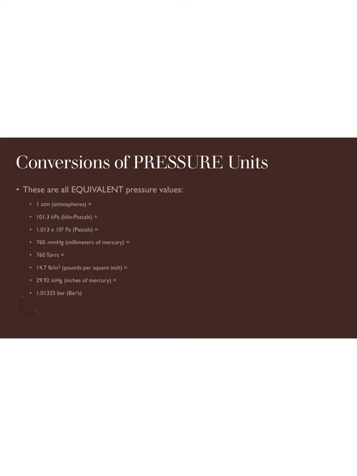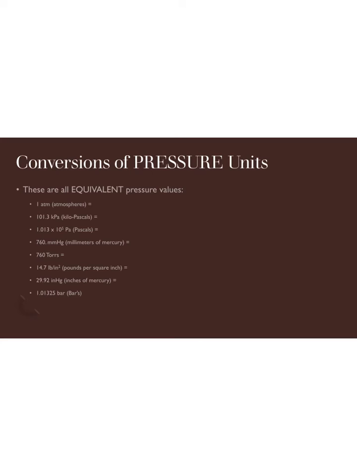Throughout my life, I've actually been paying attention to this, and I have seen almost all of these different units in various places, whether we're looking at a car, whether we're at the hospital, or whether I'm looking at a piece of scientific equipment. I've seen most of these units still being used. Some not, but most of them. Let me quickly go down the line and say all of these.